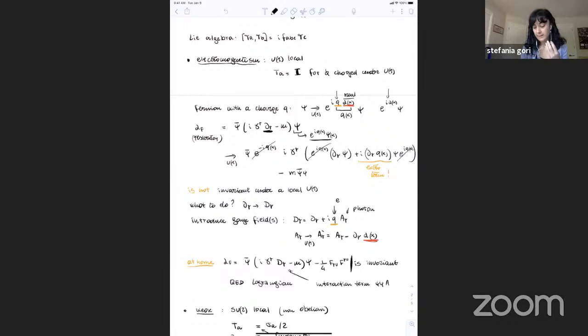Yeah, so the bottom line is that we know that everybody's interacting the same way with W1, 2, and 3 of the weak interactions. And so this is a universal coupling that we are plugging in these SU2 transformations.